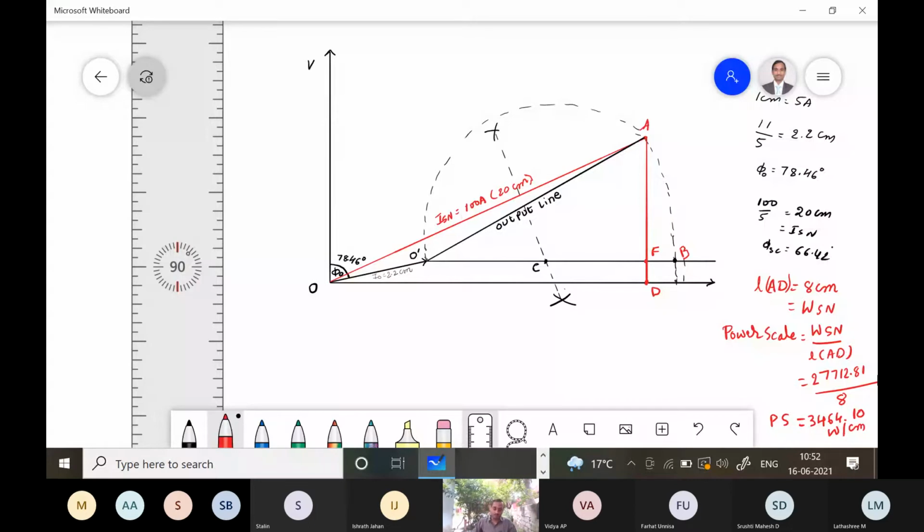Okay, so now we need to calculate the full load output, that is given 14.92 kilowatt.